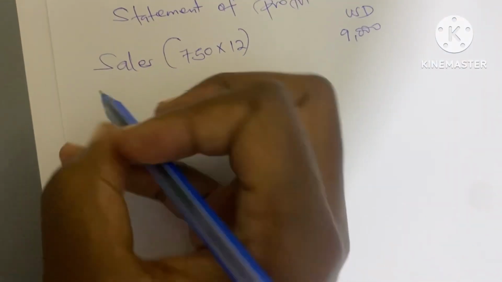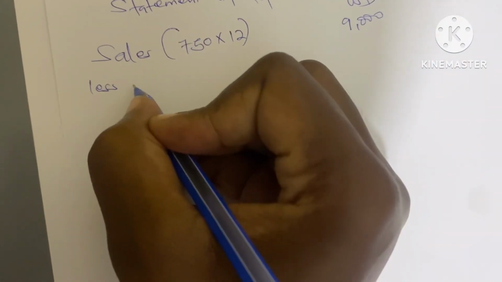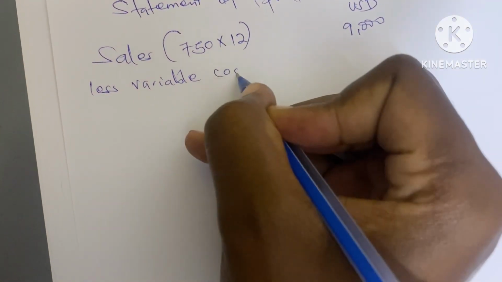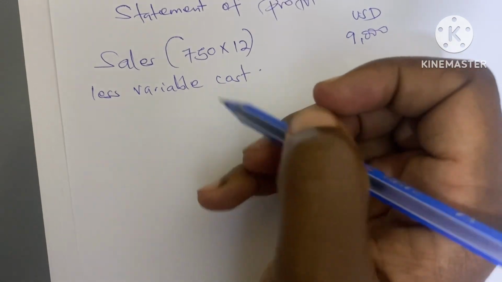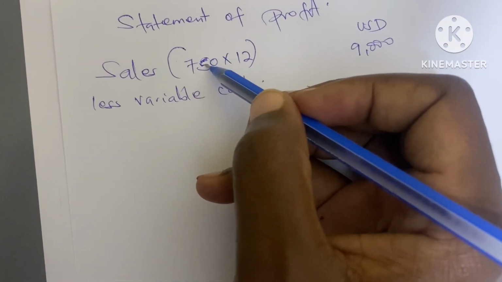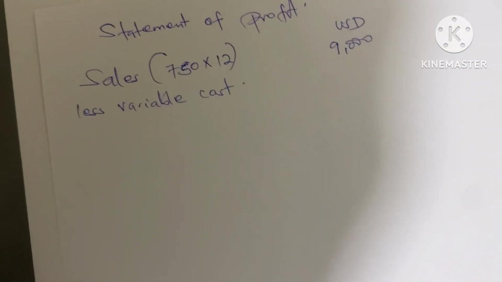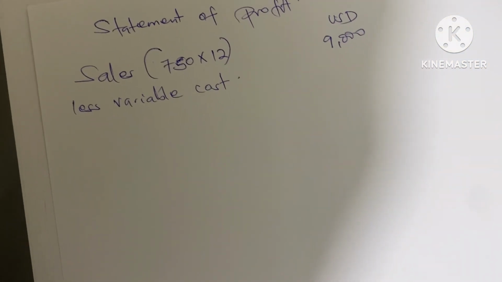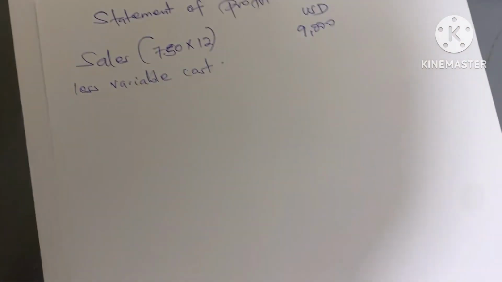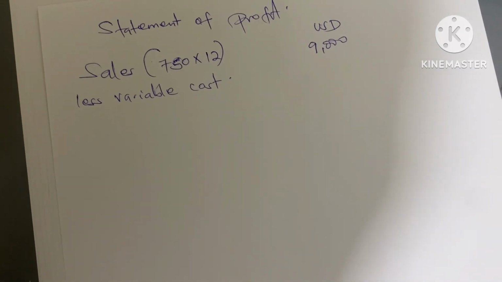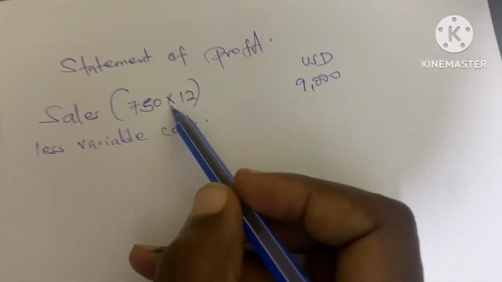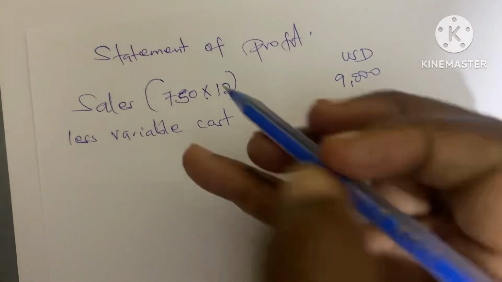Then we are supposed to less the variable cost. Variable cost, it's going to be this quantity times the variable cost, which was 8.